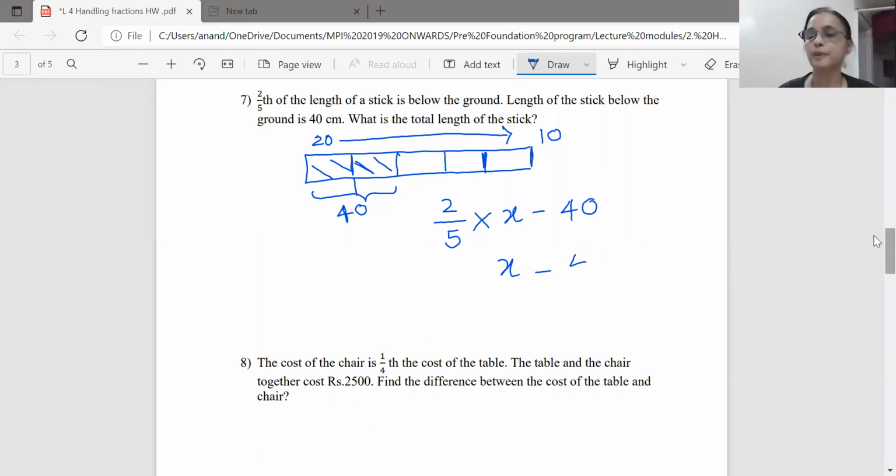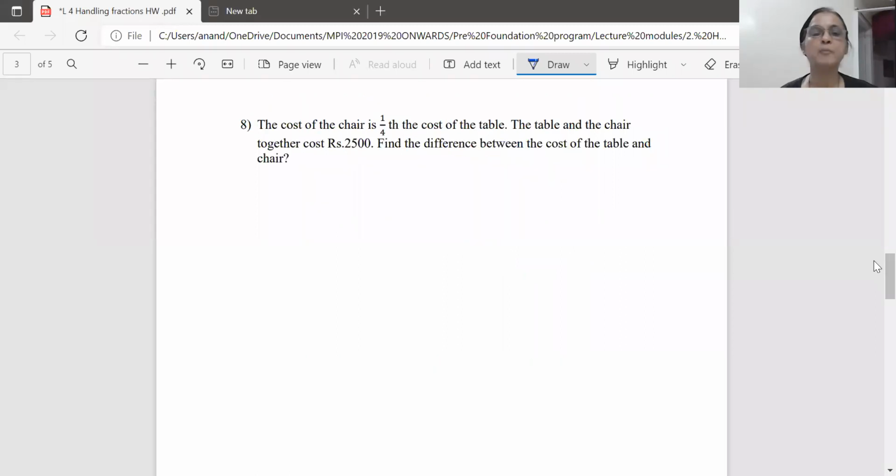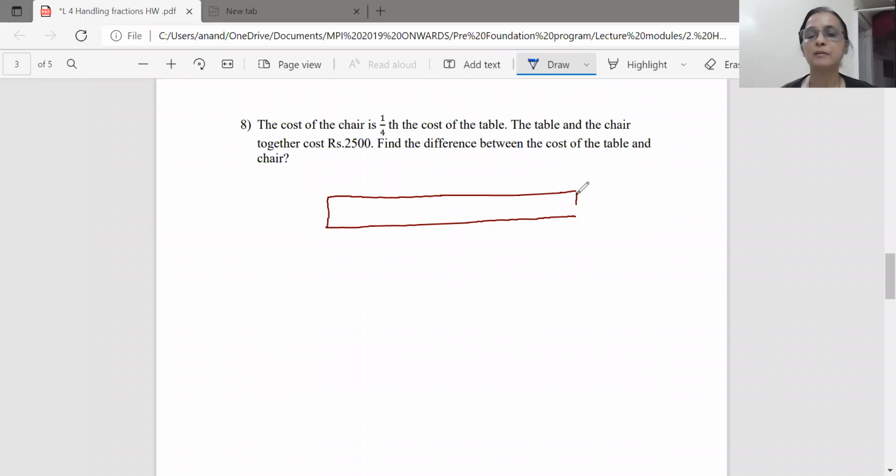The next question. The cost of a chair is 1/4 the cost of the table, and table and chair together cost 2,500. So if the cost of chair is 1 rupee, the cost of table is 4 times that. If this is my chair, then table is 4 times of that.